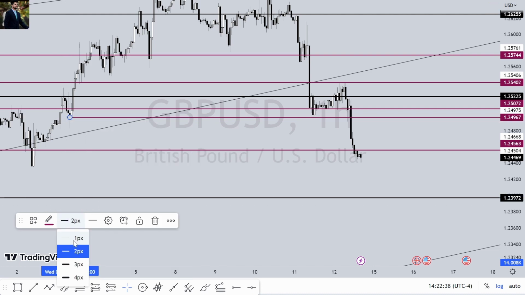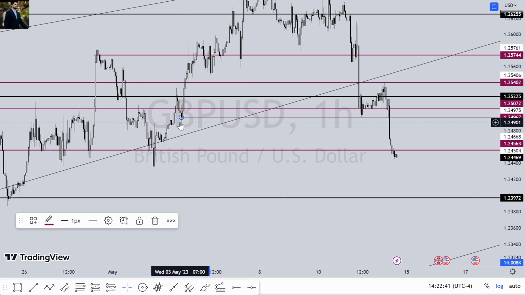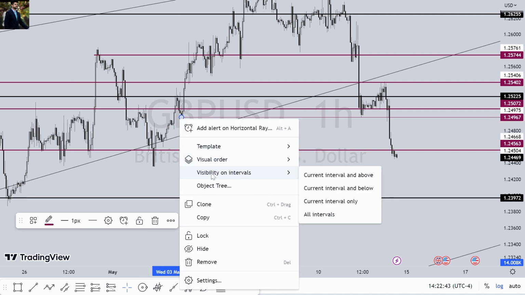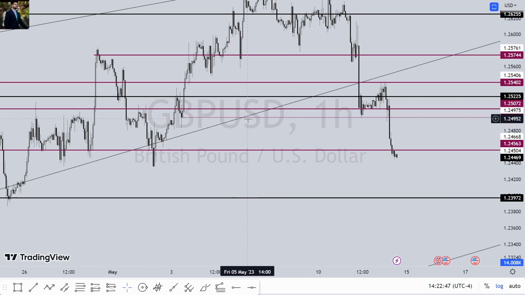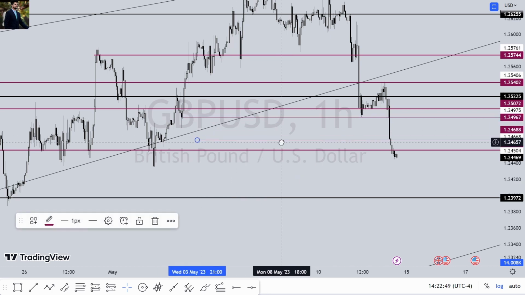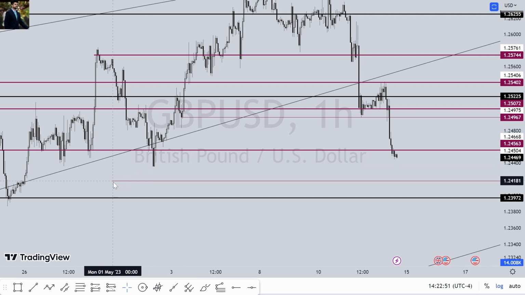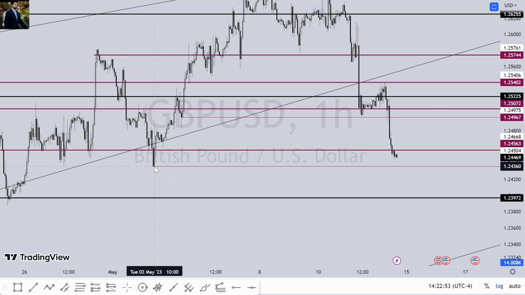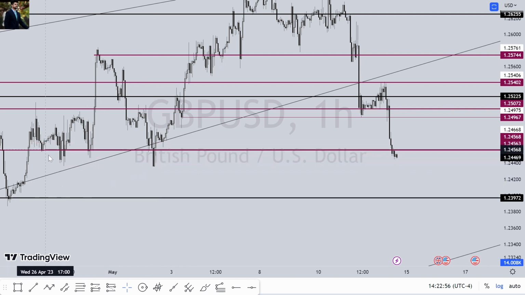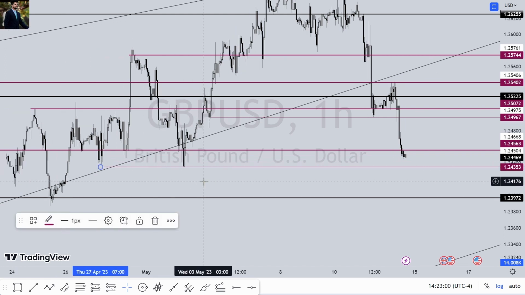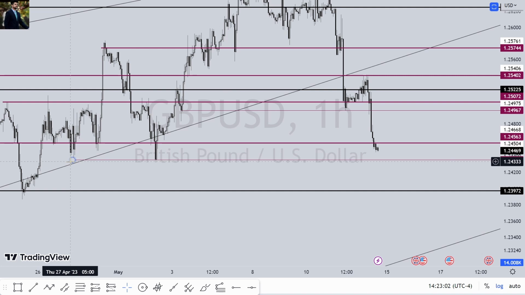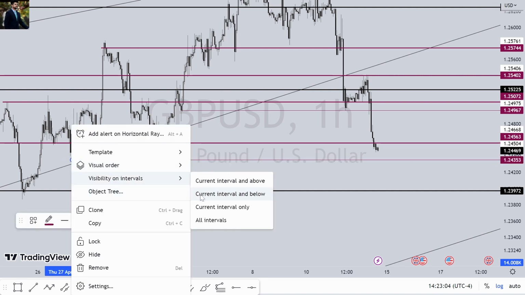In case you want to differentiate the 1 hour, just make the line one pixel so it's not that dark, and you can have this as a level. This level. These are the levels.